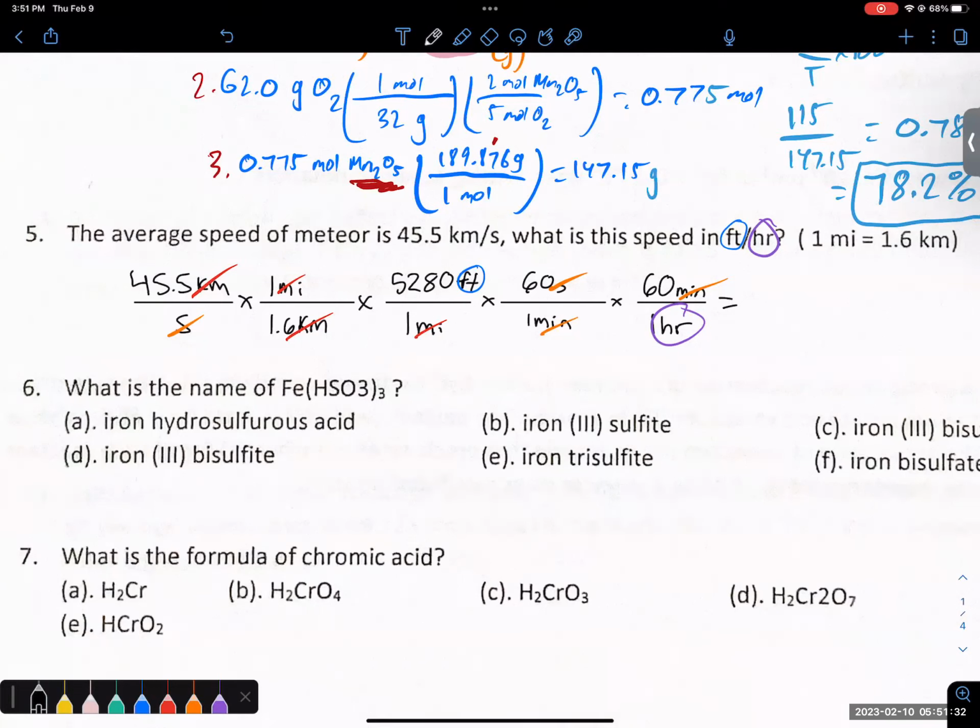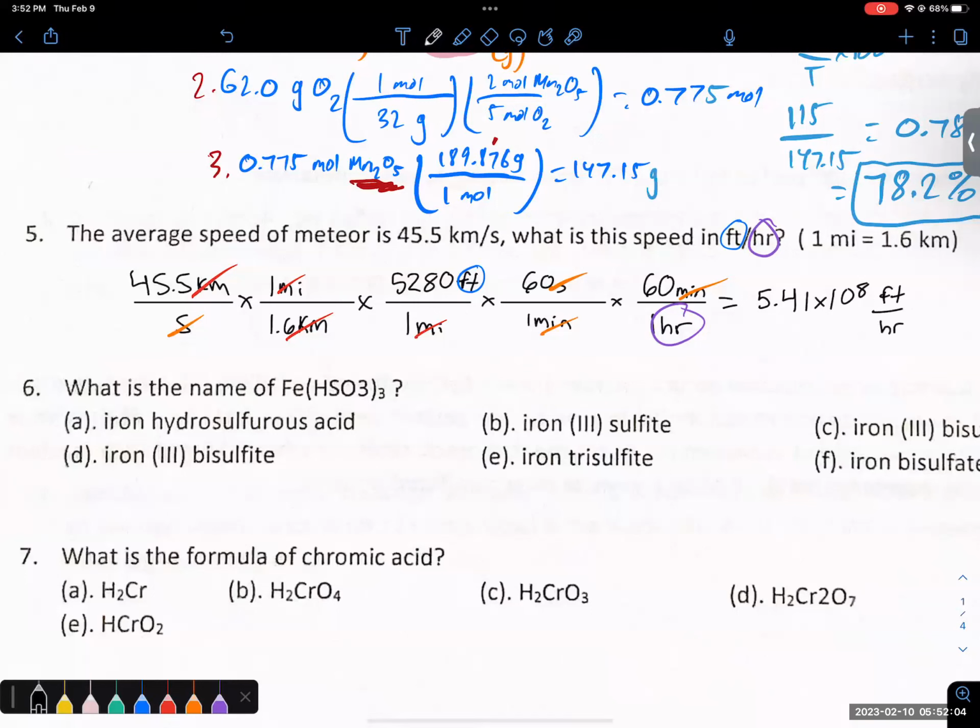All right. 54000. Yeah, okay. Yep, so that's the number. I don't know who would want these units. This is why we use kilometers per hour and not kilometers per second. How many decimal points is that? 5.41 times 10 to the 8 feet per hour.